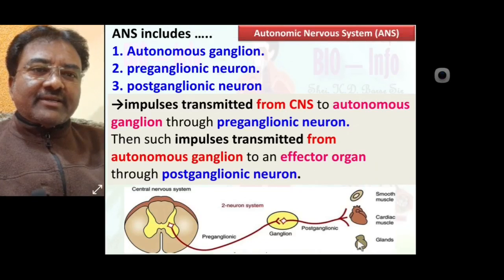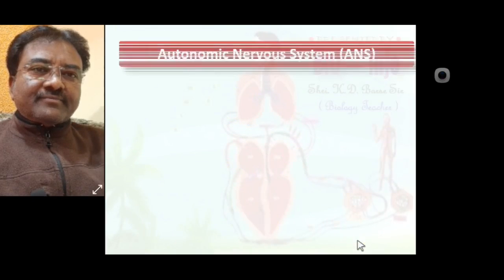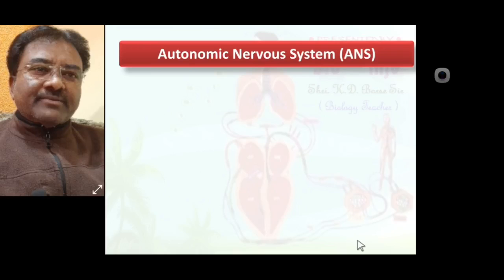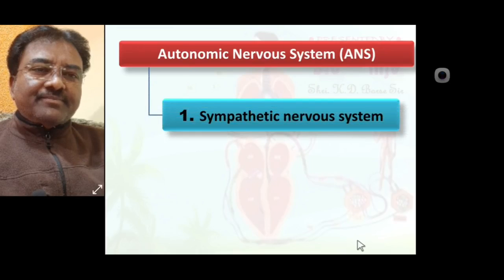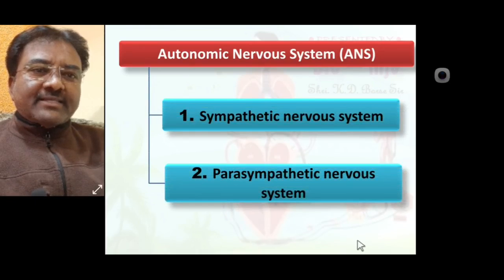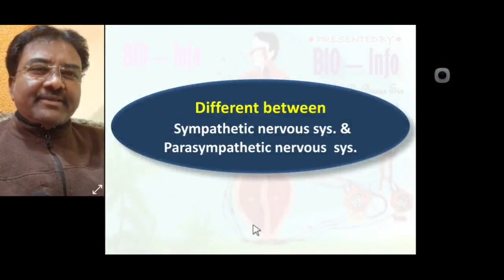Now we learn that the autonomous nervous system consists of two types, the sympathetic nervous system and the parasympathetic nervous system. We learn the difference between them.